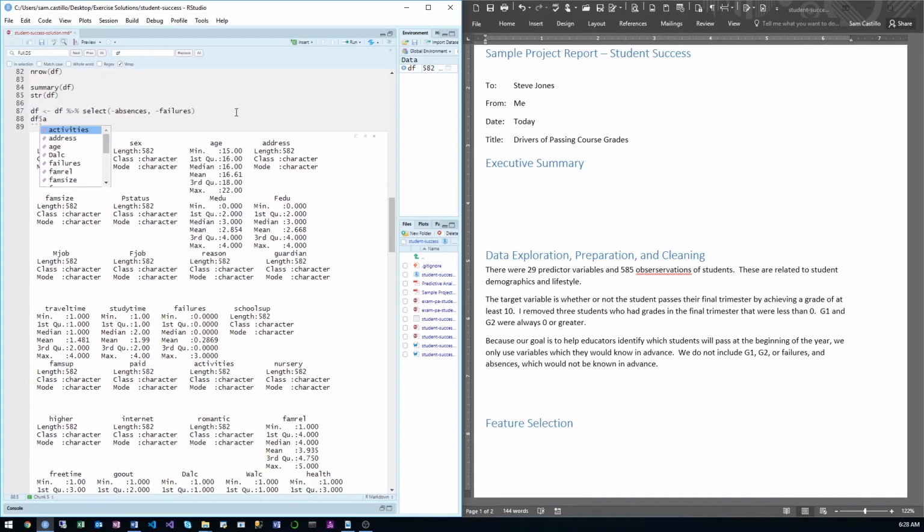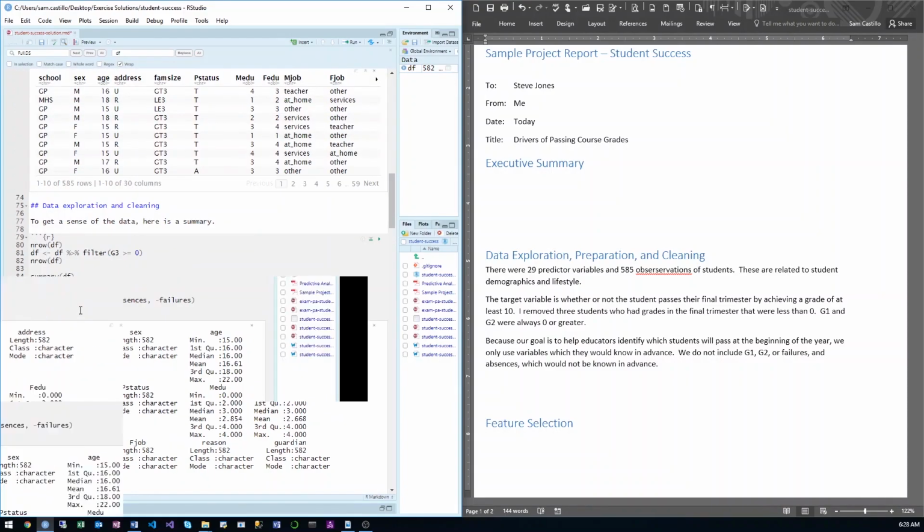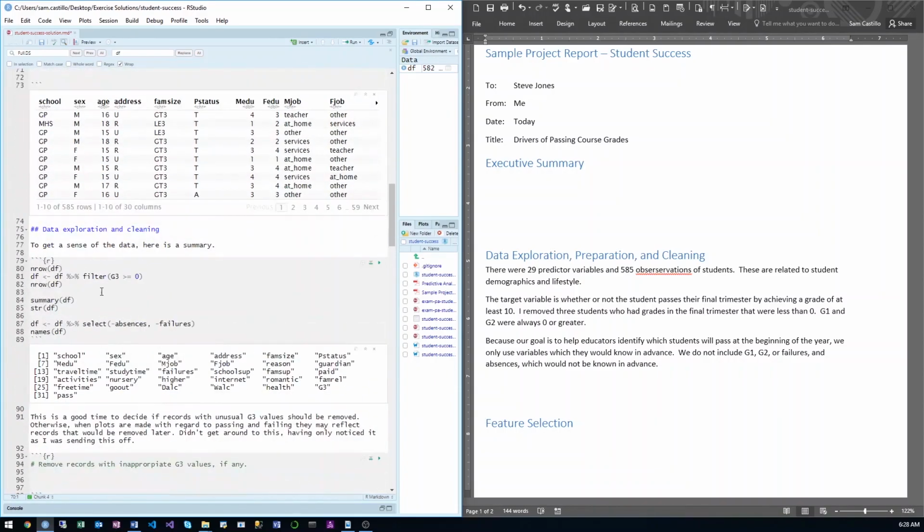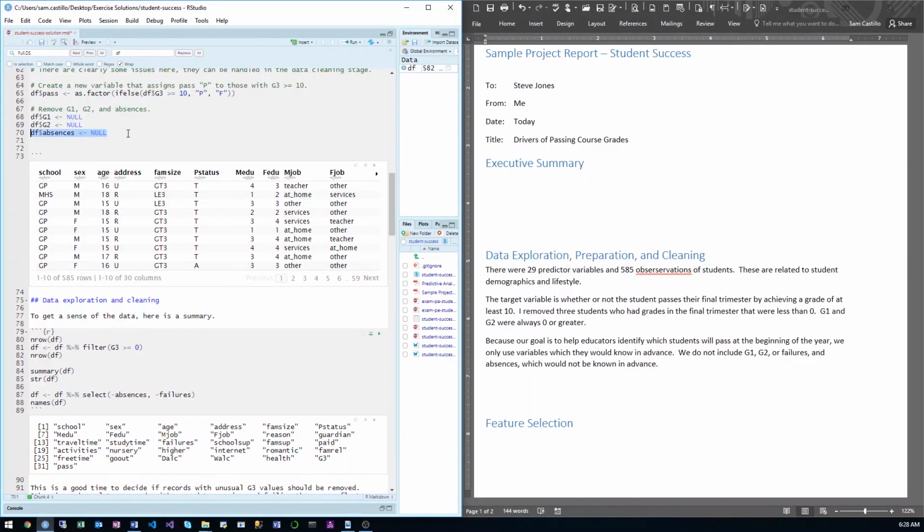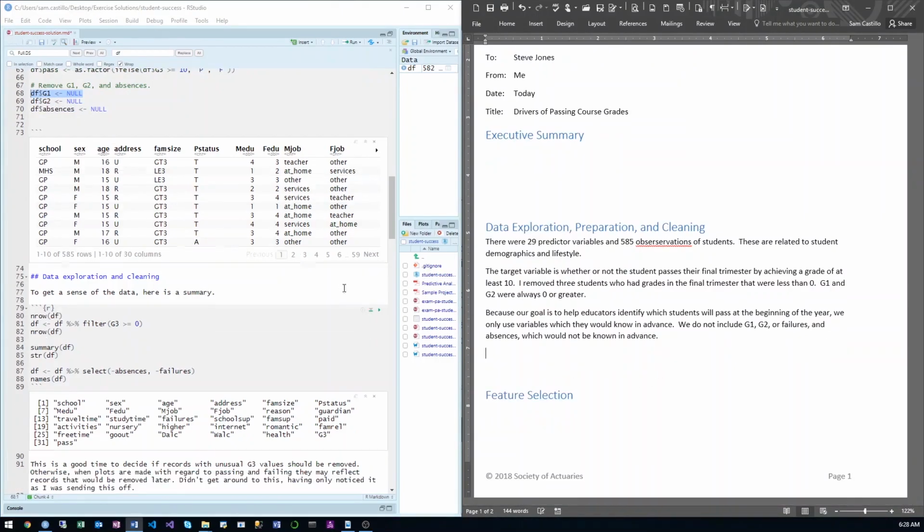They've already removed absences. So it seems, yes, they already removed absences. Even if they are the ones who removed G2 and G1, I still say that I did that because technically it's part of the analysis that I did.